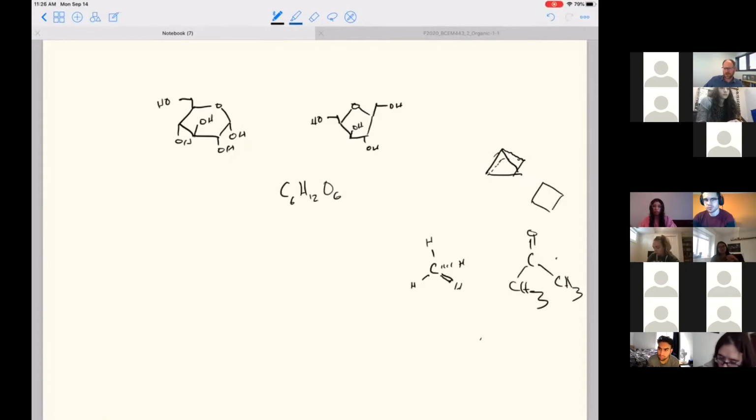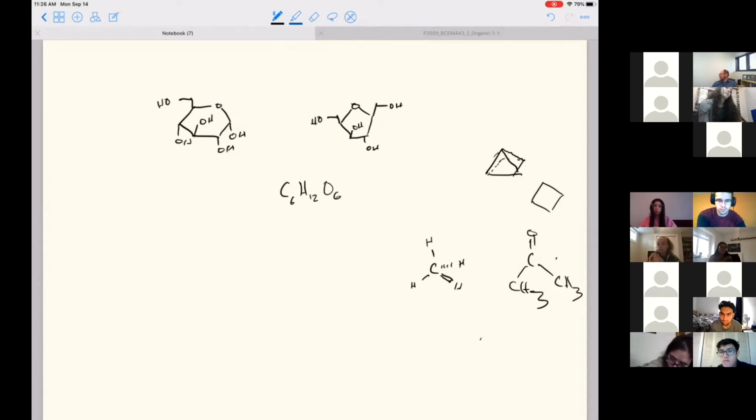So the charge state of the carbon doesn't affect whether it's planar. Is this about the quiz question where the carbon had a lone pair of electrons on it? Yeah, right. So it's not so much the charge state. One of the quiz questions had a case where we had a lone pair of electrons on there.